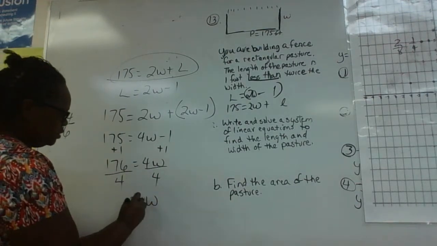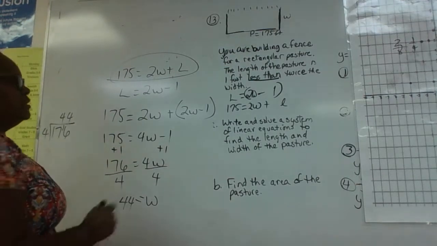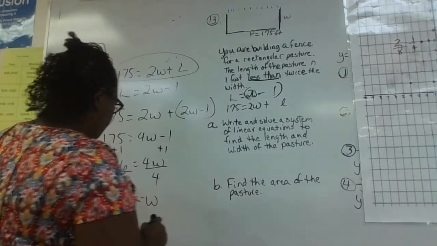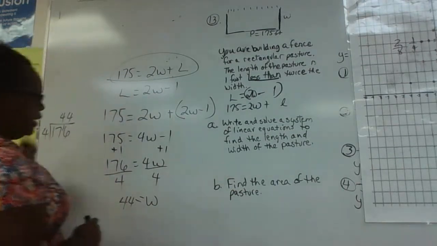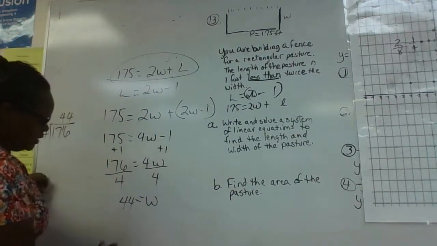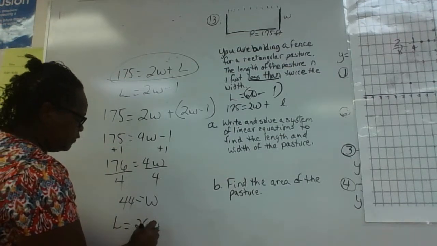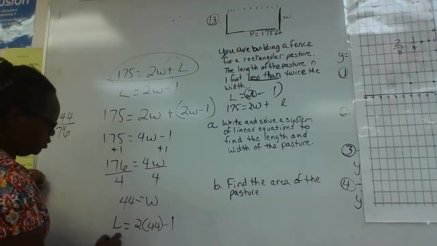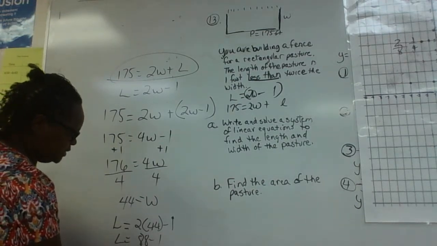So that W is equal to 44. All right. So then, if W is equal to 44, let's use that information here to find out what L is. Because L is equal to 2 times 44 minus 1. So L is equal to 88 minus 1. L is equal to 87.